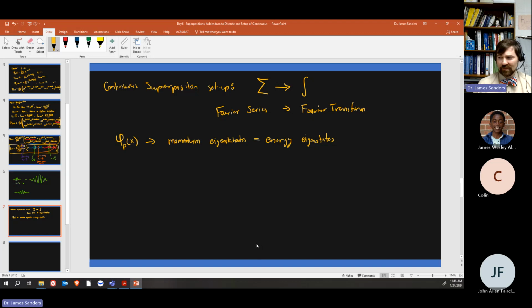Okay. Now our momentum, we're going to use a distribution. So we'll be doing a bunch of different amplitudes instead of discrete amplitudes. Call it continuous distribution.